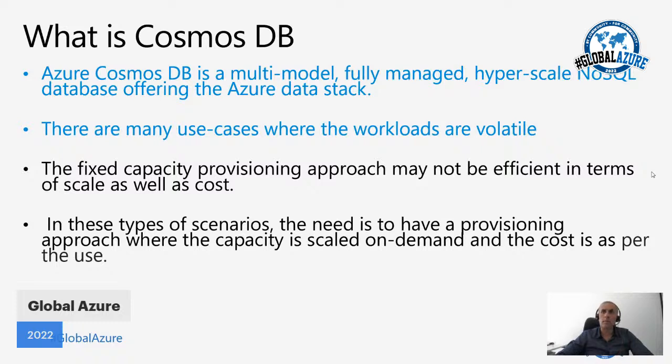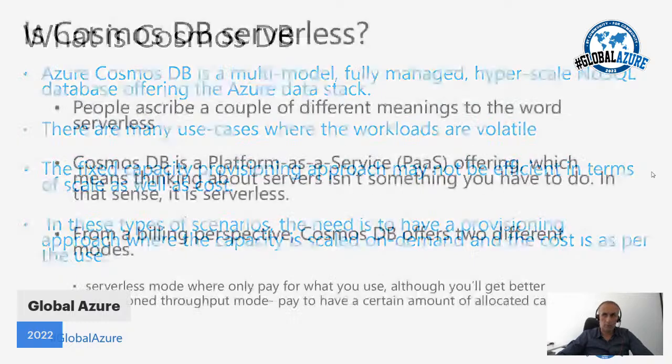We will talk about this a little bit later. So the most important is to find a good option to have a scalable solution at optimal cost, and this is exactly what Cosmos DB serverless offers for you.